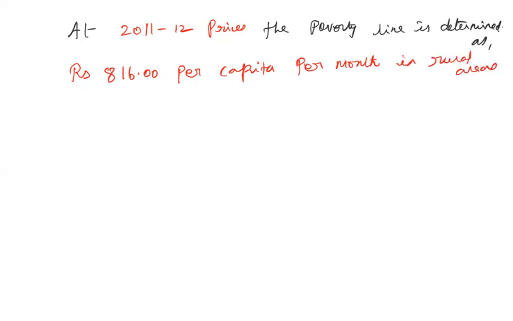And that 56 rupees, which was in 1973-74, has increased to 1000 rupees in urban areas. So this 1000 rupees, 816 rupees also, is a very, very bare minimum consumption expenditure required to meet the poverty line.